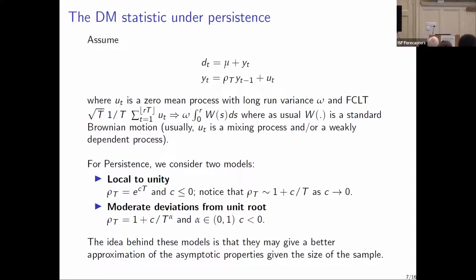Two models come to mind here, the local to unity and the moderate deviation from the unit root. These are nice models to understand the concept of dependence in a small sample, because basically this parameter rho, when you are very close to 1, behaves like 1 plus c over T, or when you want to move a little bit further away from it, it may behave like 1 plus c over T to the power alpha, with alpha a number between 0 and 1.